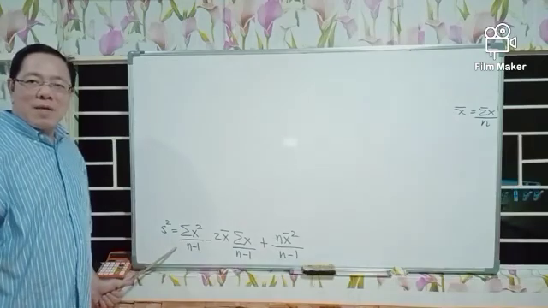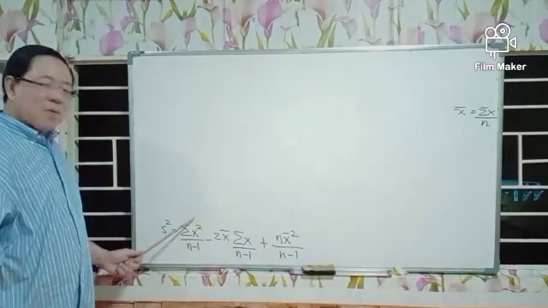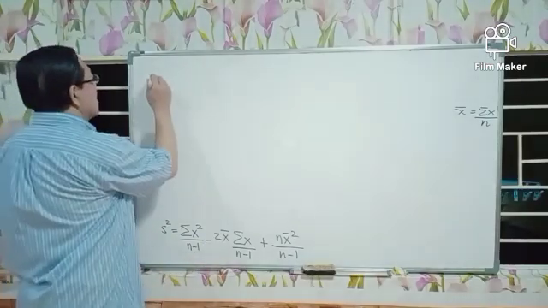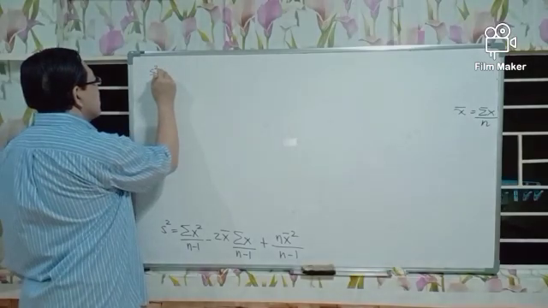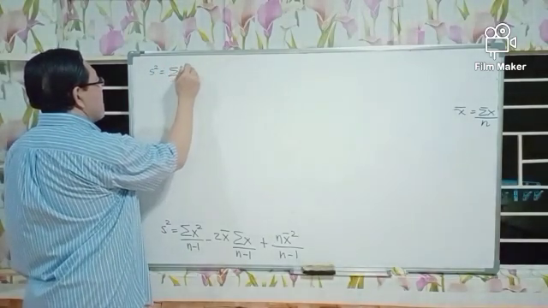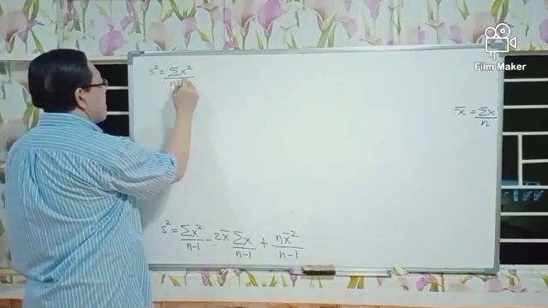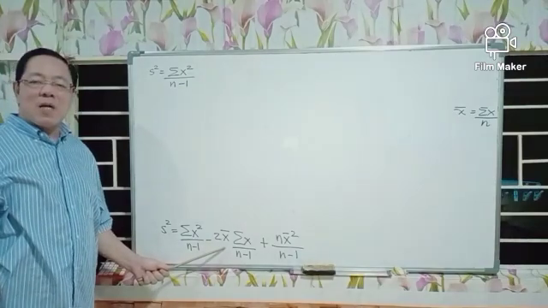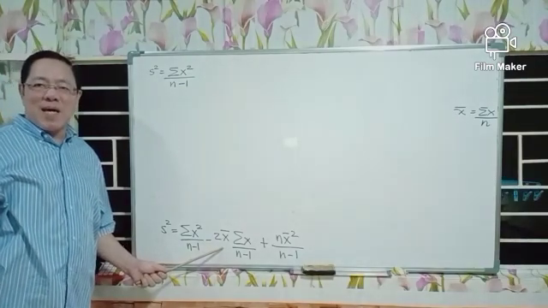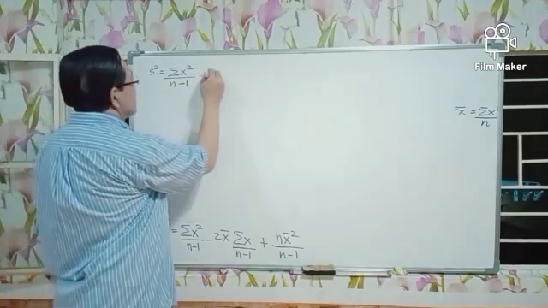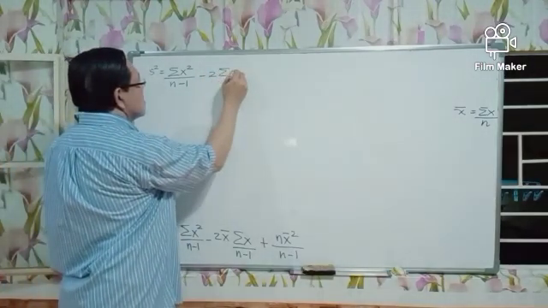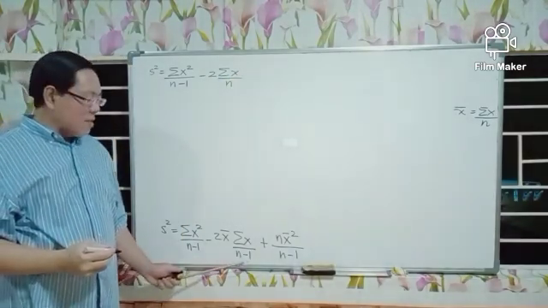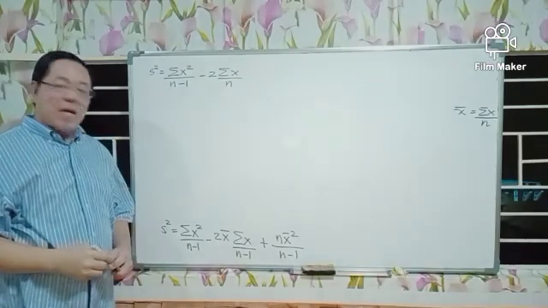We have the first term the same, summation of x squared divided by n minus 1. The second term is minus 2 multiplied by x bar. We replace it with summation of x divided by n, multiplied by summation of x, all divided by n minus 1.